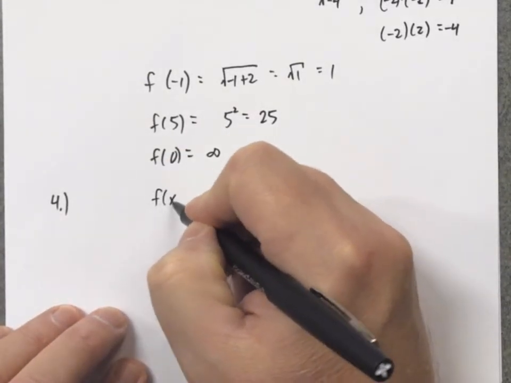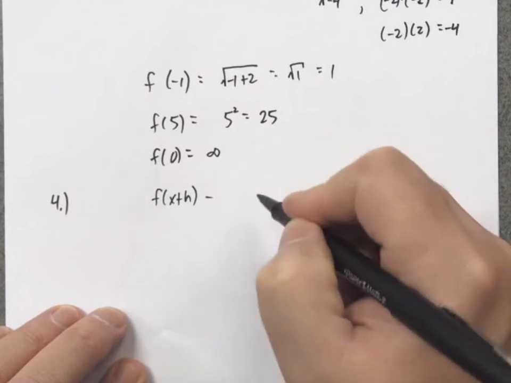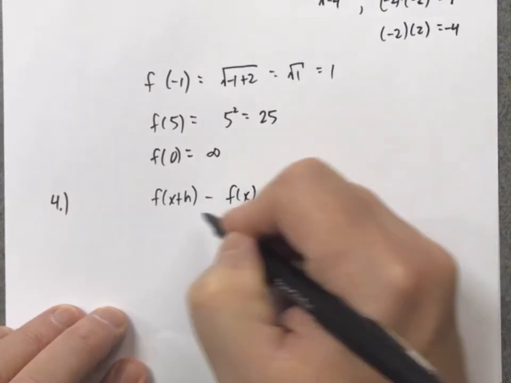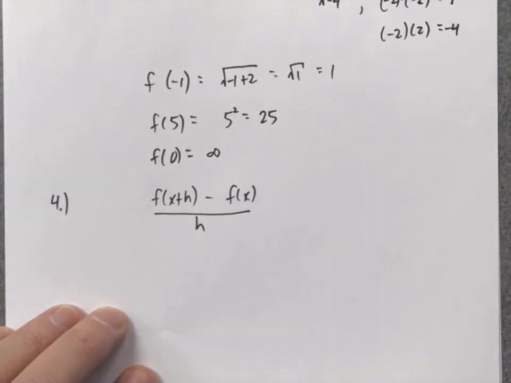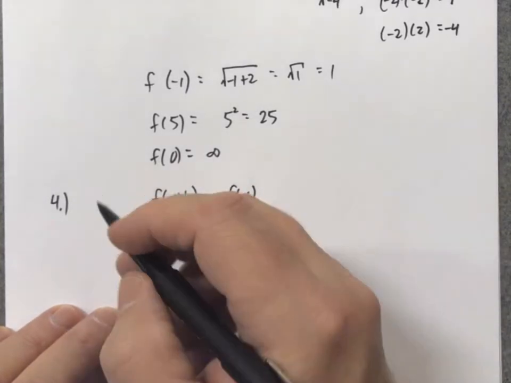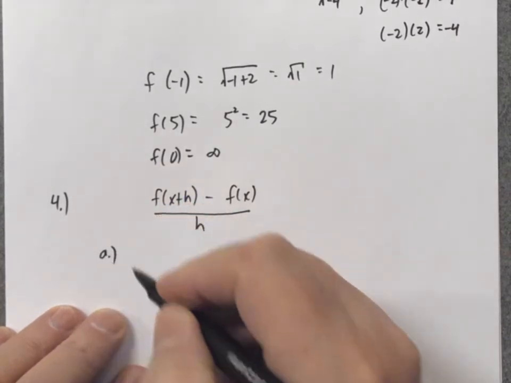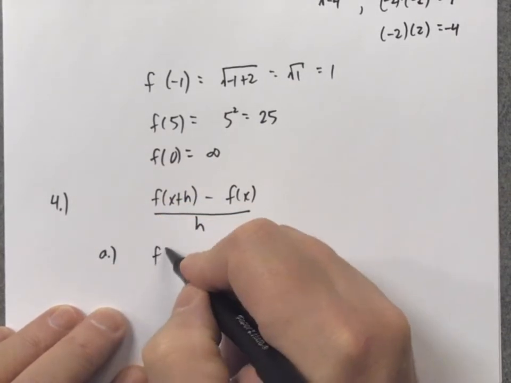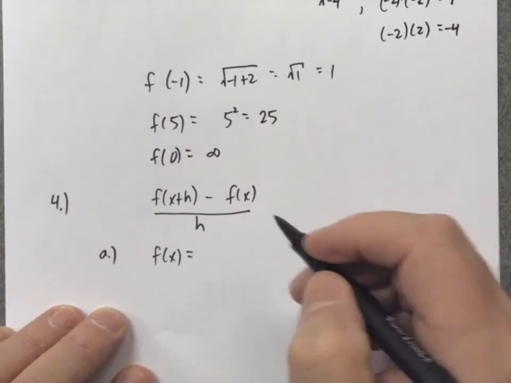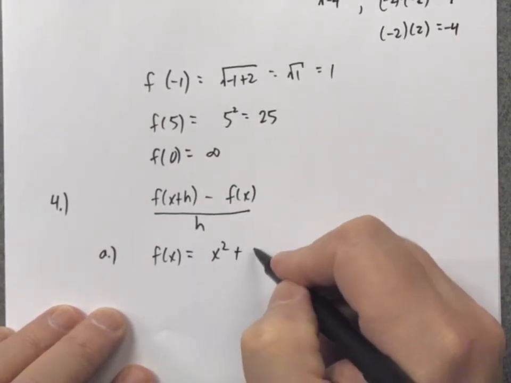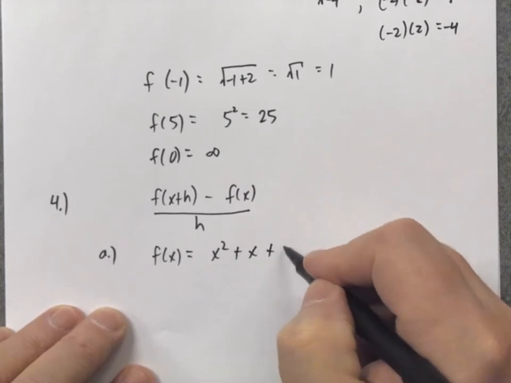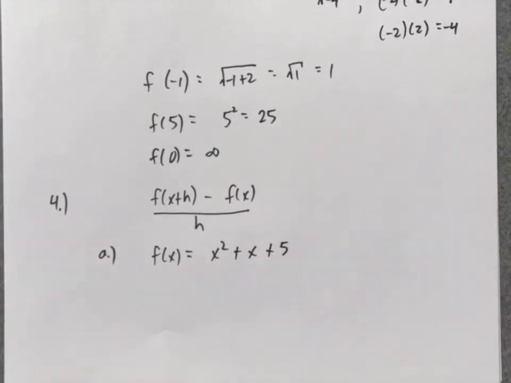It's f of x plus h minus f of x, over h. Now what we're going to do, part A, they say here's a function, f of x equals x squared plus x plus 5.